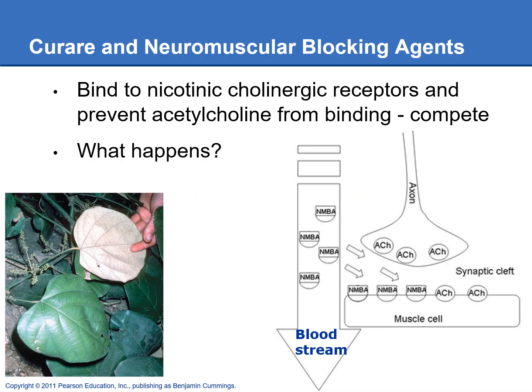Okay, and then just another thing that affects the neuromuscular junction. This is something called curare, and this is a poison that's found in a plant in South America. And the Native Americans down there discovered that if they took the stems and the leaves and crushed it up, the curare was in the sap from the plant, and they put that onto their arrows and they would go hunting.